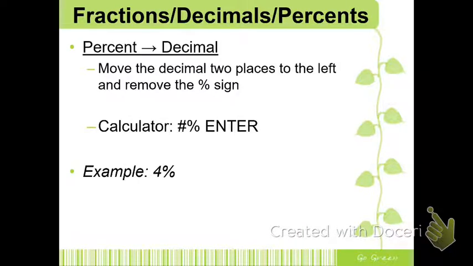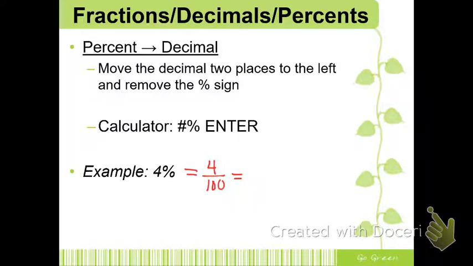To go from a percent to a decimal, again, remember percent means divide by 100. So you could use your calculator and you could change, in this example, 4% into 4 divided by 100. And you could put that in your calculator and get a decimal value.